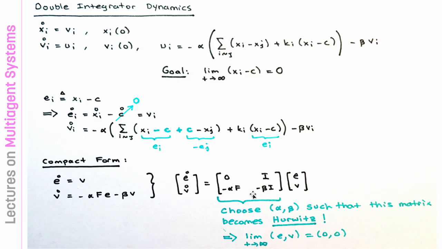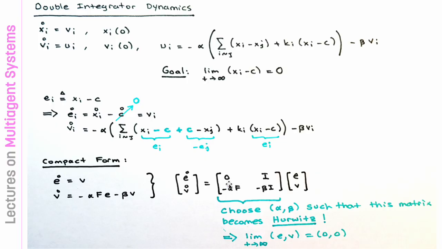You can use different tools to analyze this system. For undirected graphs, F becomes F transpose. In a directed graph subject to a spanning tree, F is not necessarily symmetric, so F does not equal F transpose. But in either case, for undirected connected graphs or directed graphs subject to a spanning tree, F has eigenvalues in the open right half plane, or minus alpha F has eigenvalues in the open left half plane.